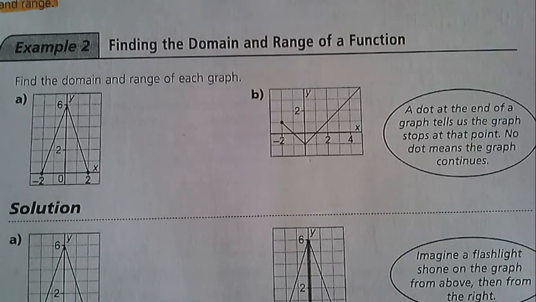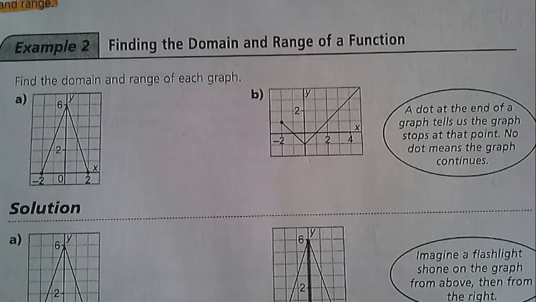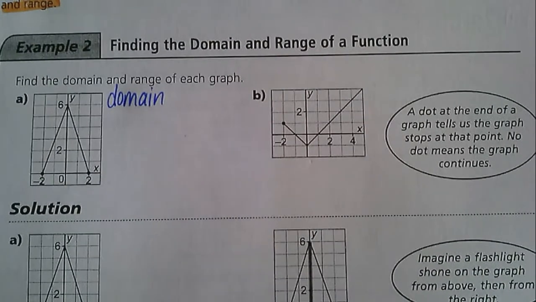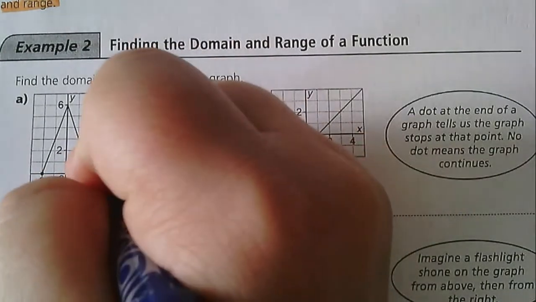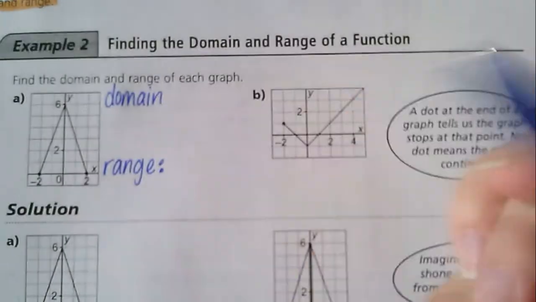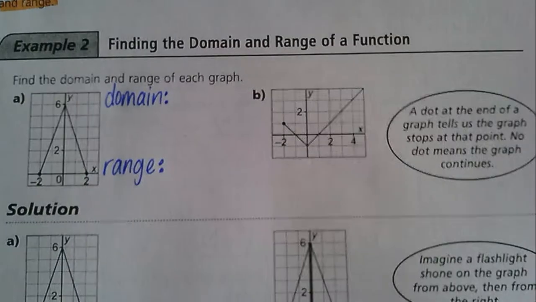It says find the domain and the range of each graph. As a review, the domain is the X points that we're looking at: where does the X start, where does the X end? And the range, we're looking at the Y points: where does the Y start and where does the Y end?